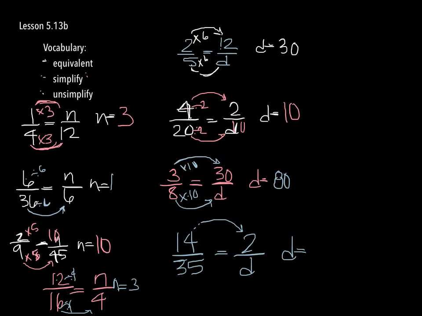Well, 14 divided by 7 will give us 2. Whatever I do to the top, I'm going to do to the bottom. So I'm going to divide by 7. 35 divided by 7 is 5. So delta equals 5. So that's how we can simplify and unsimplify to determine unknown numerators and denominators.